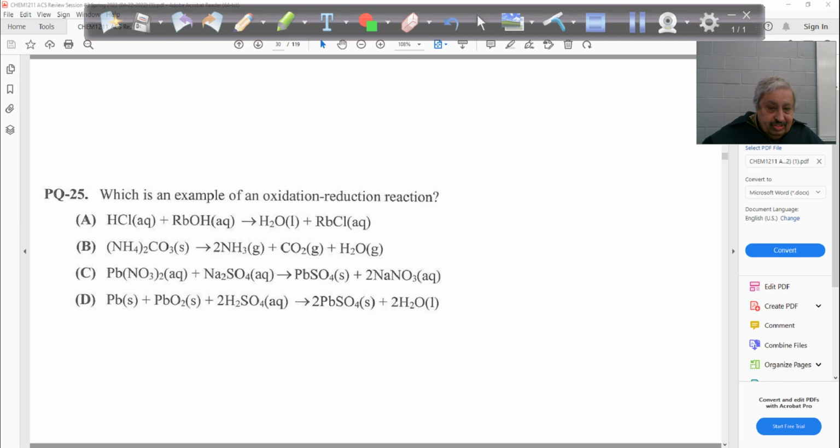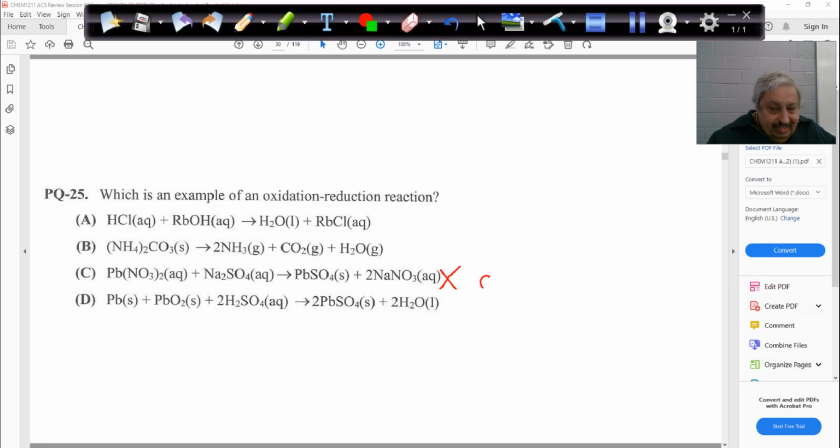Looking at the reactions, the ones that are not oxidation reduction are the double displacement. This one is double displacement. You don't change any oxidation number. Lead will go with the sulfate, and the sodium with the nitrate. So that's not the case.